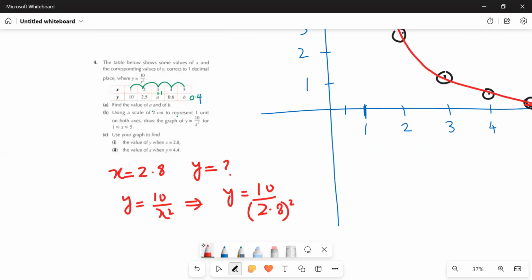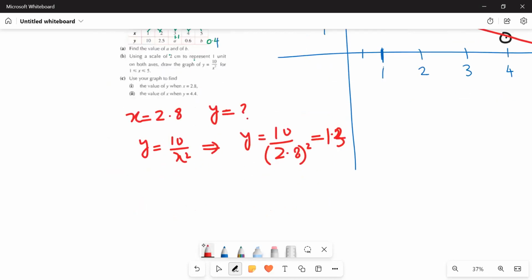It equals 1.27. You can round off to 1.3.